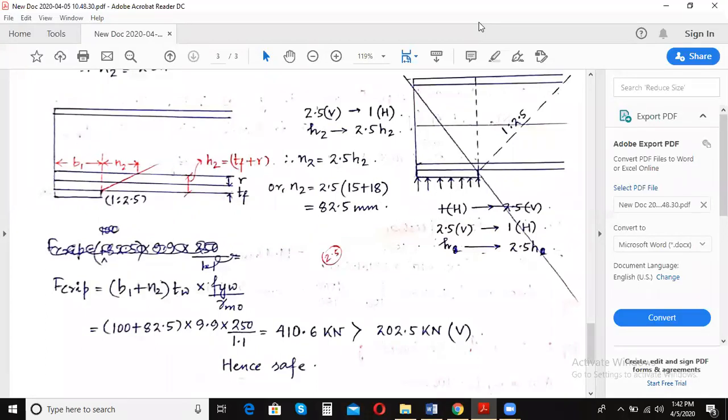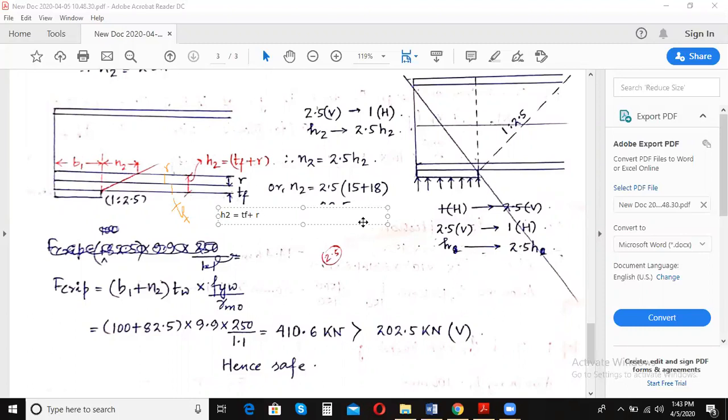I will show you again. This is R. This much is R, right? And this much is TF, the thickness of the flange, and R is the root radius. Okay, so the total height up to which the dispersion takes place, I'm denoting it as H2, which will be equal to TF plus R. What is the thickness of the flange?